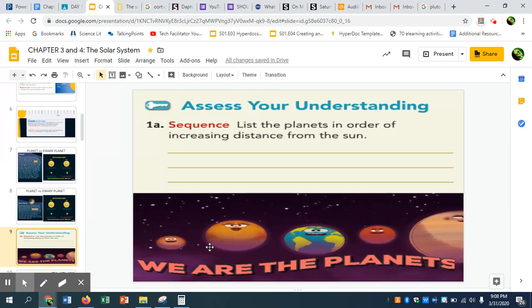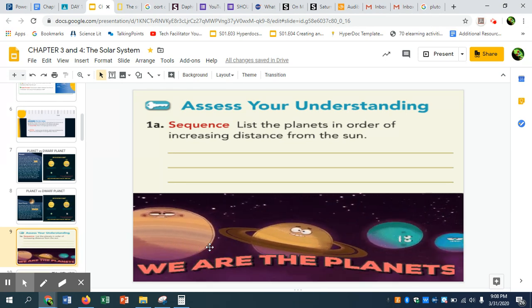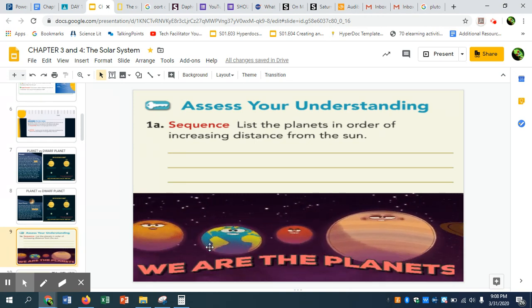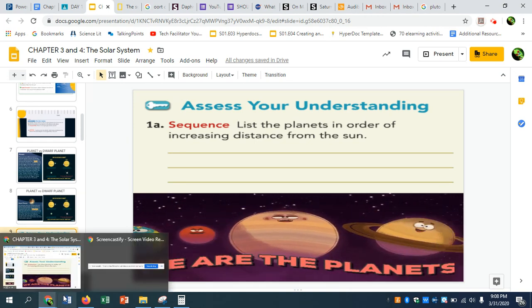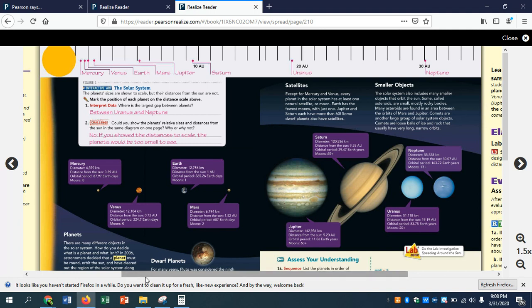If you go back to your book and look on pages 84 and 85, it shows you the order: Mercury, Venus, Earth, Mars, Jupiter, Saturn, Uranus, and Neptune. So it's right on the page above where you have to write that.